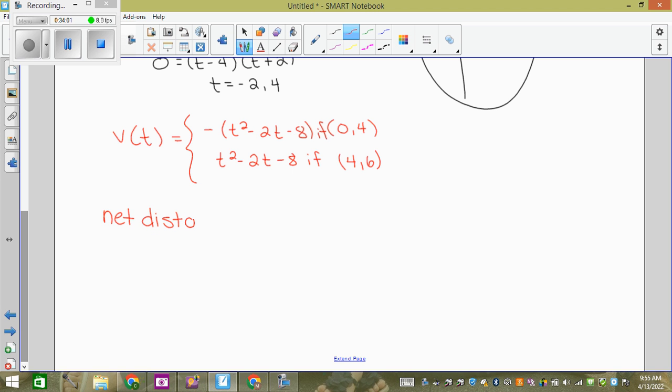Okay, so we're going to go from 0 to 4, and we can distribute the negative t in if you want, or keep it out. It doesn't matter. I'm going to distribute it in. Plus 4 to 6.